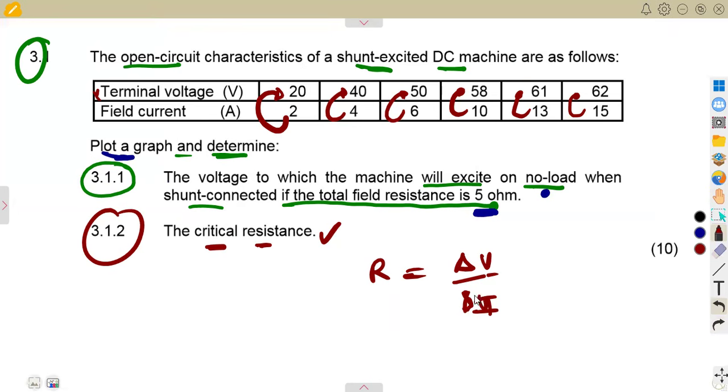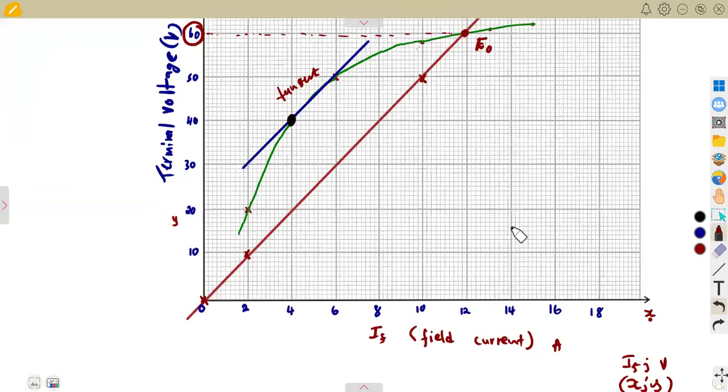At that point of tangent, what is the voltage there? The voltage at this point, corresponding horizontally, is where you find your voltage. The voltage corresponds with 40. Going vertically down straight at this point of intersection, this point corresponds to 4.